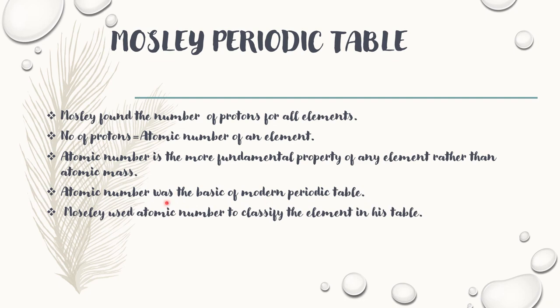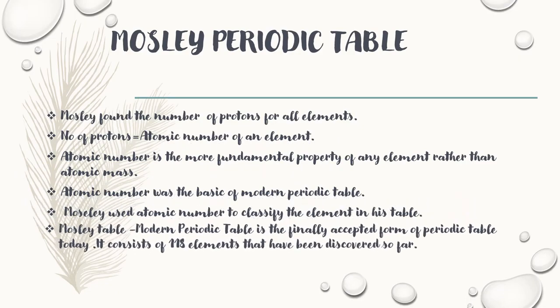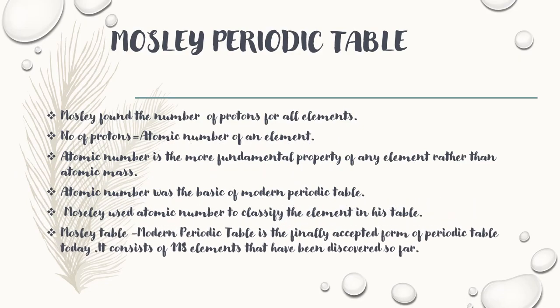Moseley used atomic number to classify the elements in his table. Atomic number is the basis of this Moseley periodic table, that is the modern periodic table. The Moseley table, or modern periodic table, is the finally accepted form of the periodic table today. It consists of 118 elements as we have seen in the earlier slide.